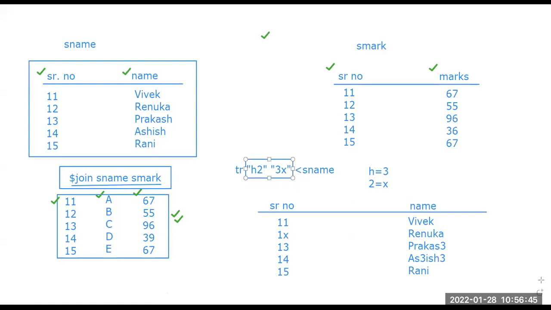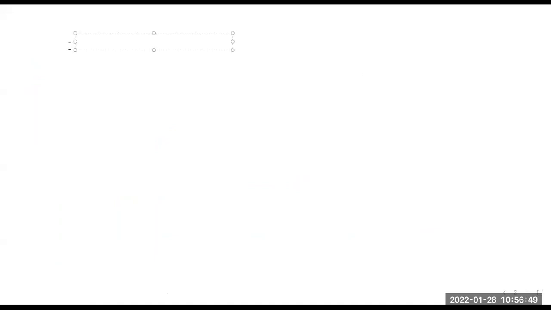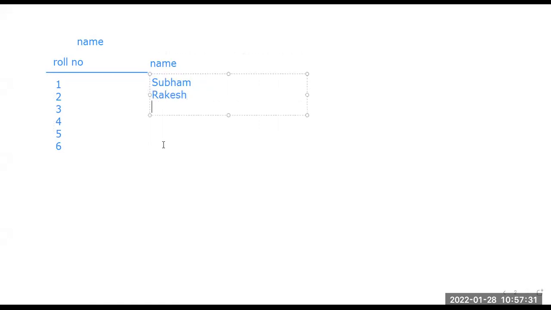Now as an example, suppose I write a particular file name, the file name is name, with roll number and name, and one more name will be there.